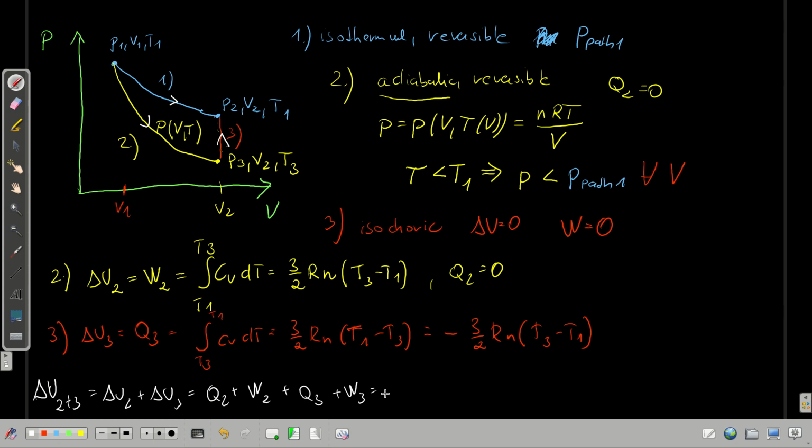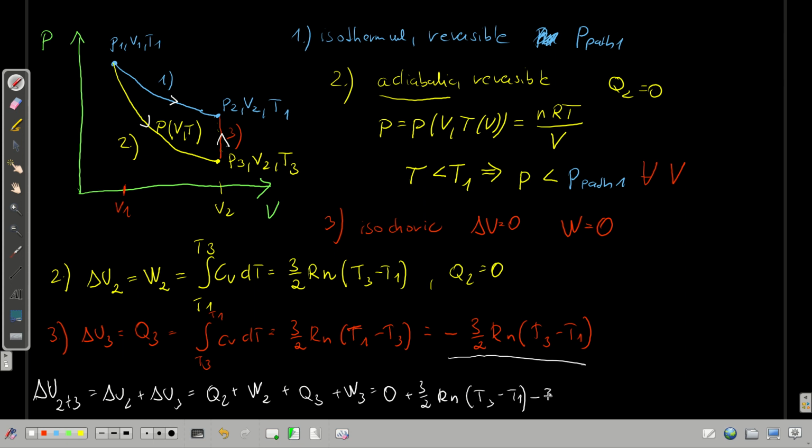So Q2 is 0. W2 we have found an expression for. It is 3/2 Rn (T3 minus T1), and the expression for Q3 is here.